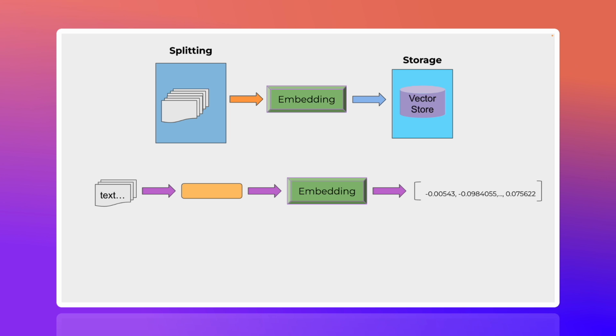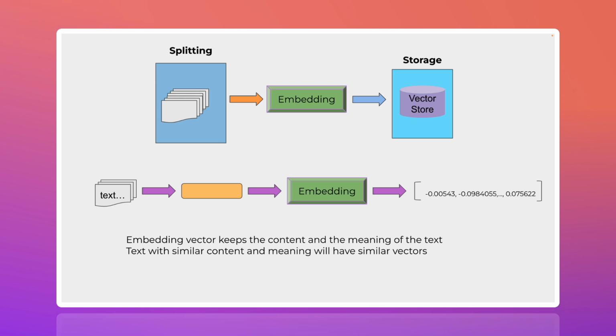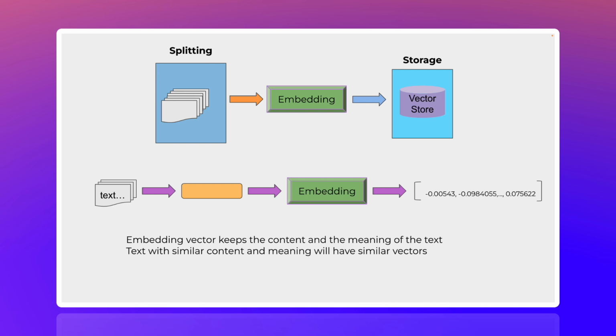It looks something like this. Literally, the text is converted into vector embeddings. The embedding vector keeps the content and the meaning of the text intact. The idea is that text with similar content and meaning will have similar vectors.